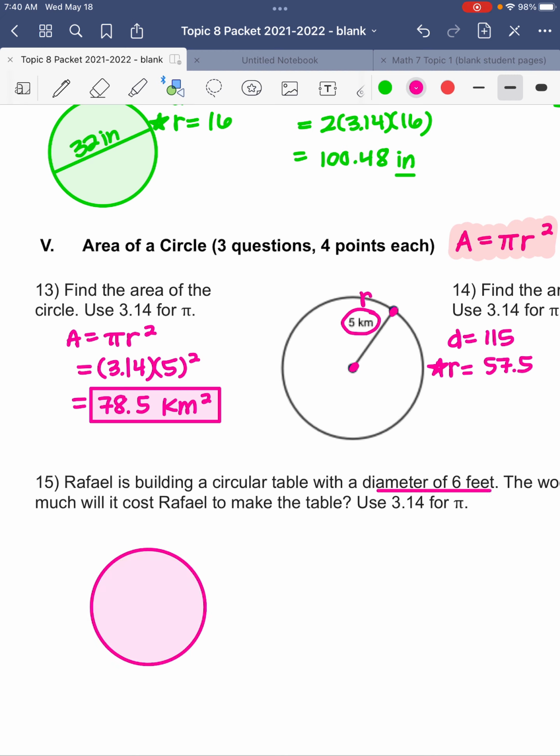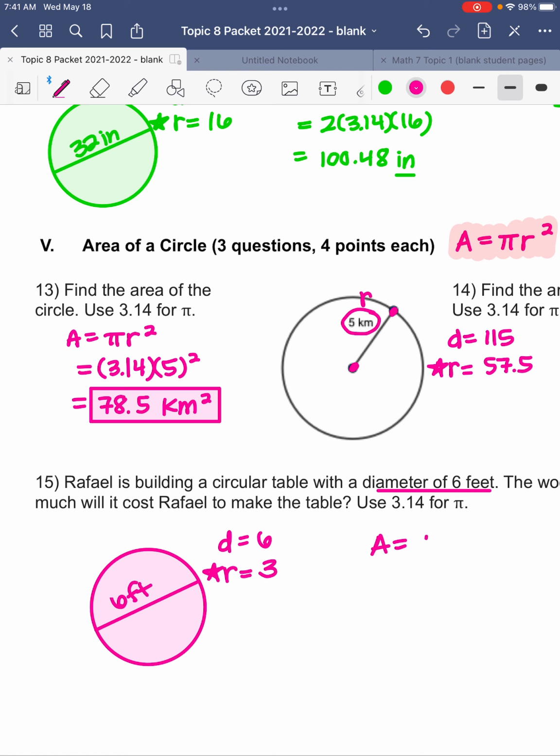So diameter means it goes all the way from one edge to the other edge, and I know that that is 6 feet. Now, diameter doesn't come in handy in my formula, but radius does. So if my diameter is 6 feet, my radius is half of that. That means my radius is 3 feet.